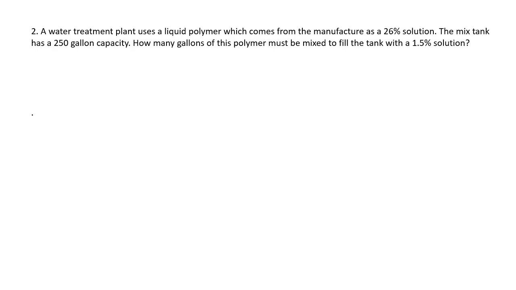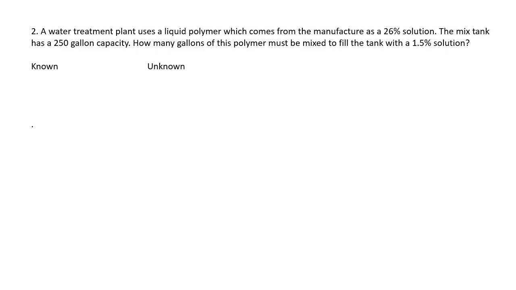All right, question number 2. A water treatment plant uses a liquid polymer which comes from the manufacturer as a 26% solution. The mix tank has a 250 gallon capacity. How many gallons of this polymer must be mixed to fill the tank with a 1.5% solution?